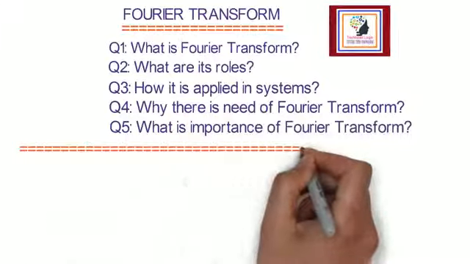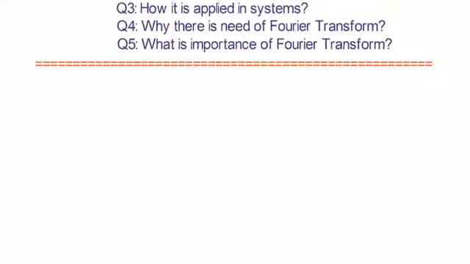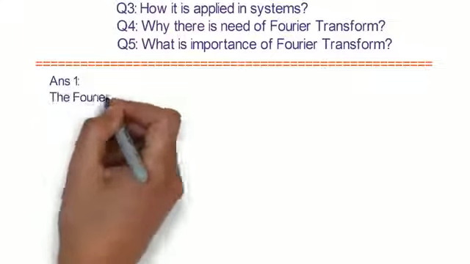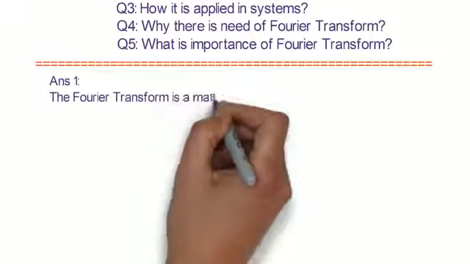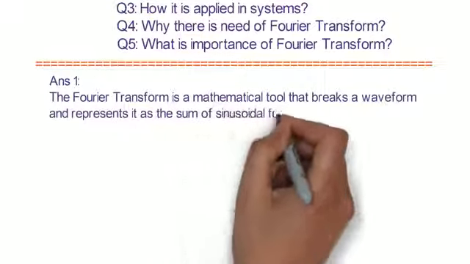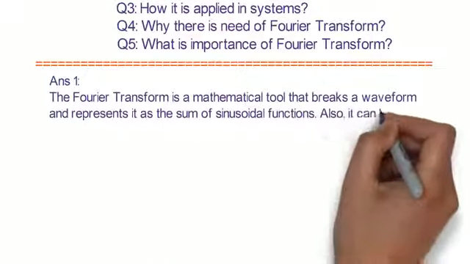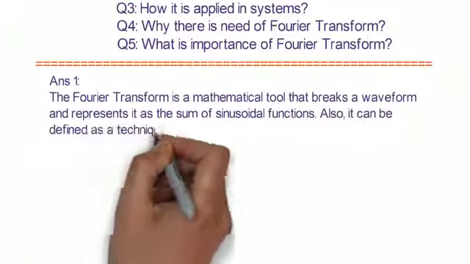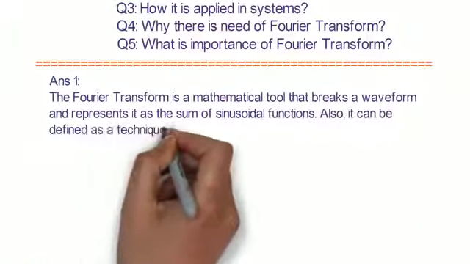First question is, what is Fourier transform? The Fourier transform is a mathematical tool that breaks a waveform and represents it as the sum of sinusoidal functions. Also, it can be defined as a technique that transforms a function of time x(t) to a function of frequency x(f).